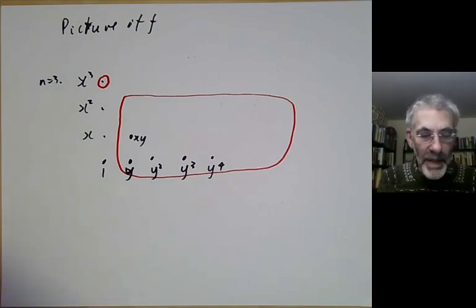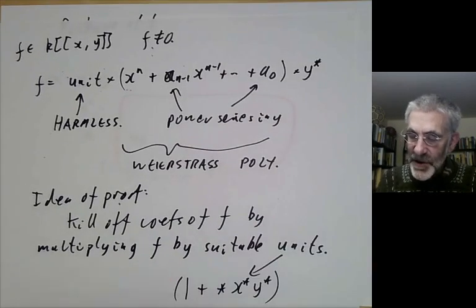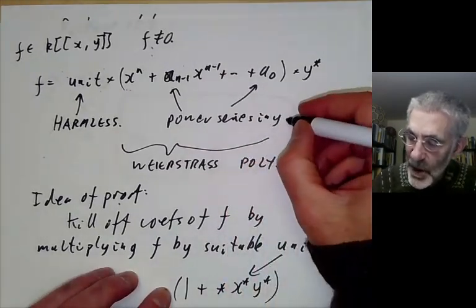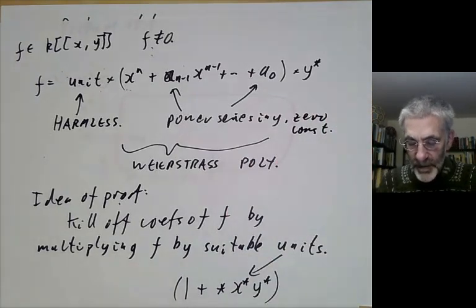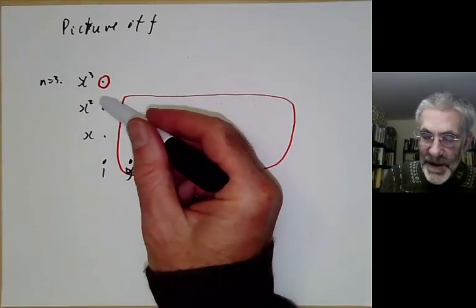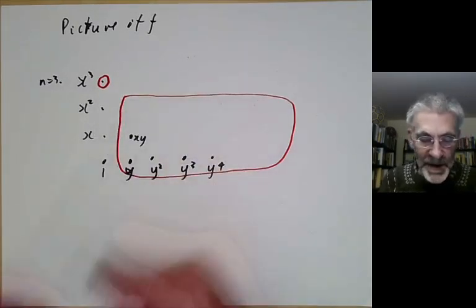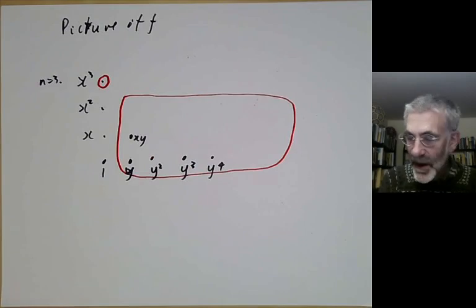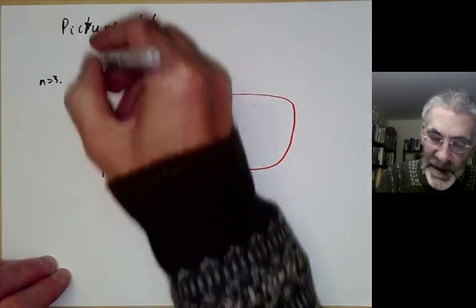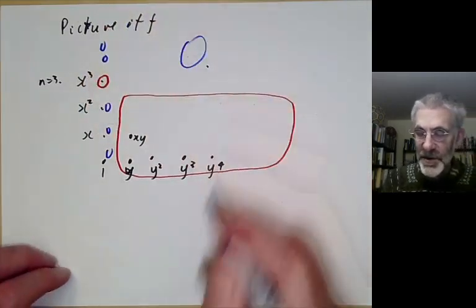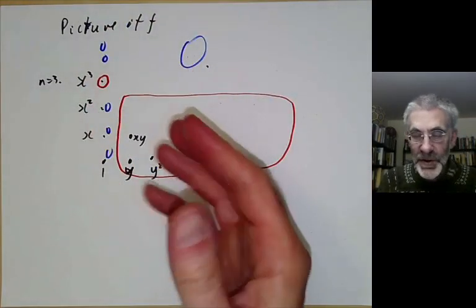And in fact, we can do a little bit extra here because these can be power series in y with 0 constant term. So in fact, I can arrange for these coefficients here to be 0. So all the other coefficients are going to be 0. So the coefficients down here are going to be 0. And all these coefficients up here are going to be 0. So that's what we've got to do to f.